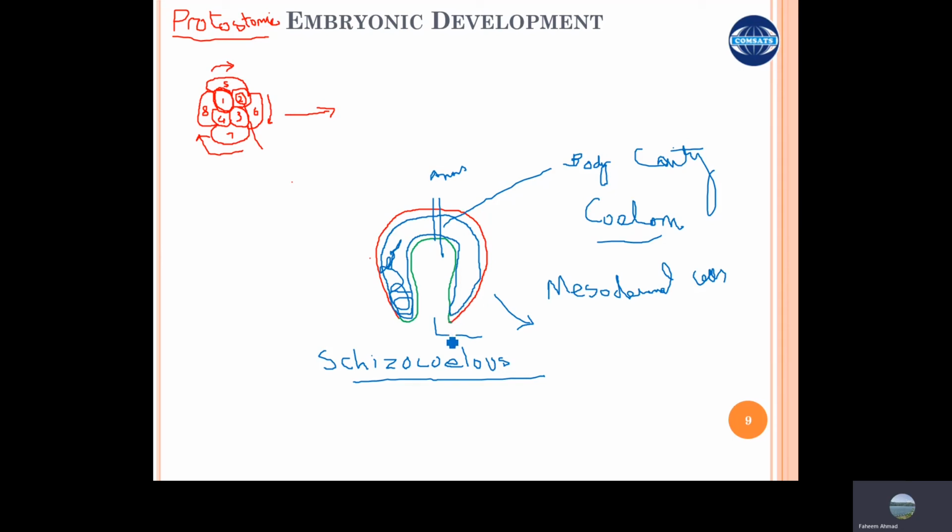And finally, the blastopore becomes the mouth, and the secondary opening along the body becomes the anus. This is called the protostomic development. I hope you get the idea of this type of development.